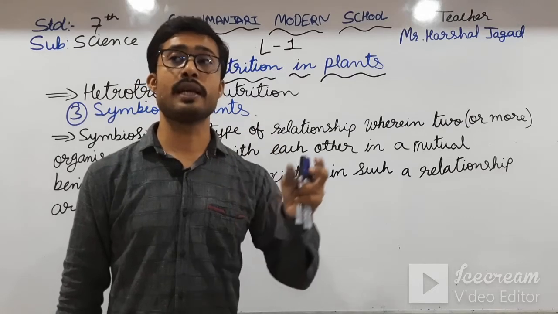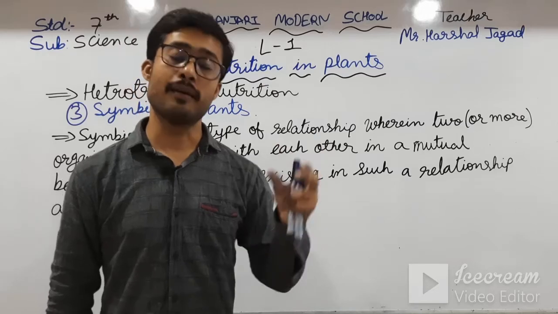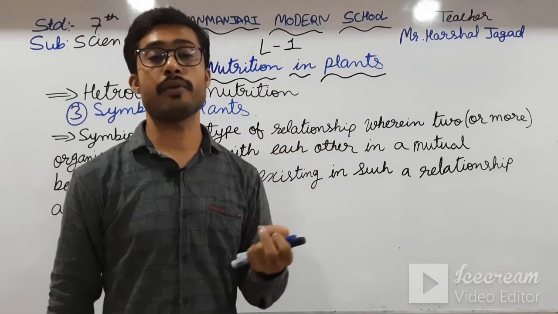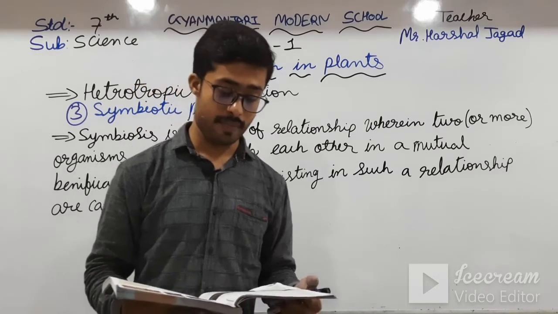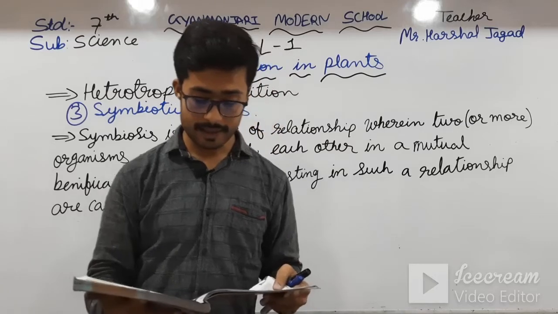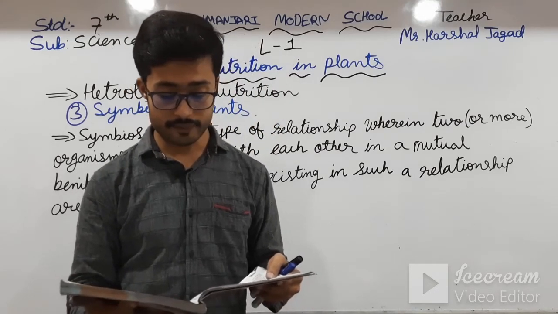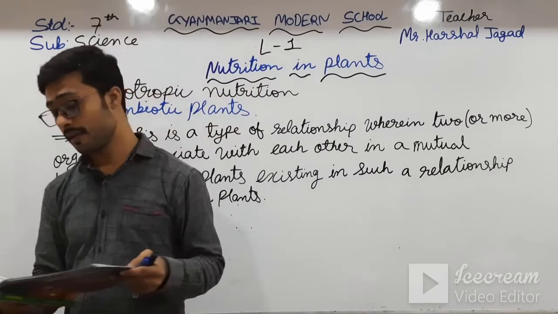They convert the atmospheric nitrogen into nitrogen compounds, and the plant converts it into nutrition, and that nutrition is given to the bacteria. Okay students, now you can see these examples. See here, there is a figure of lichens and the rhizobium in the root nodules of the leguminous plants. You can see that.